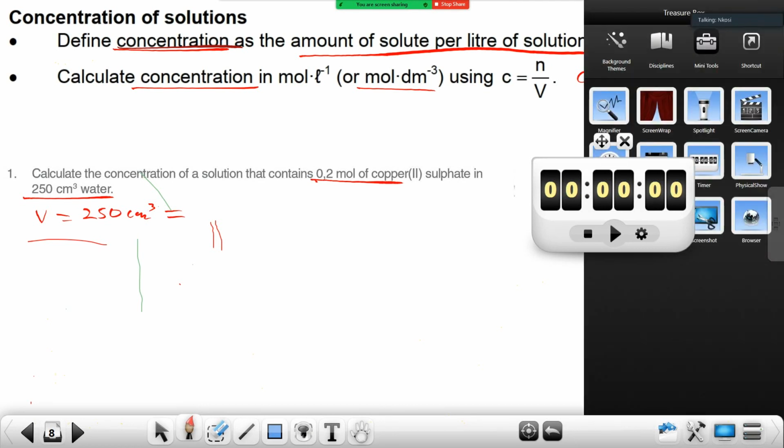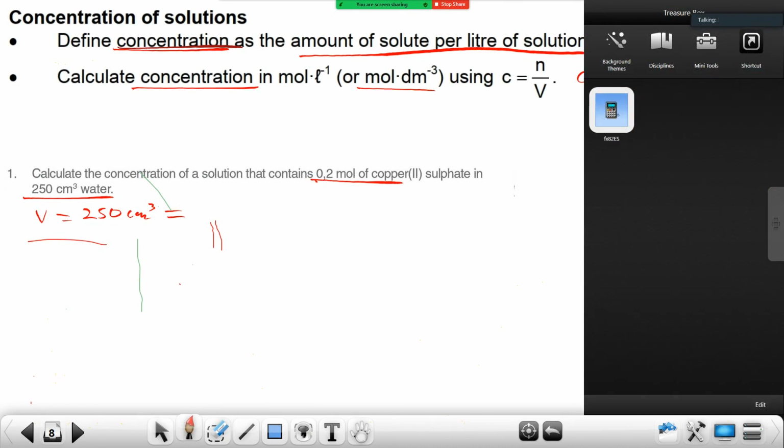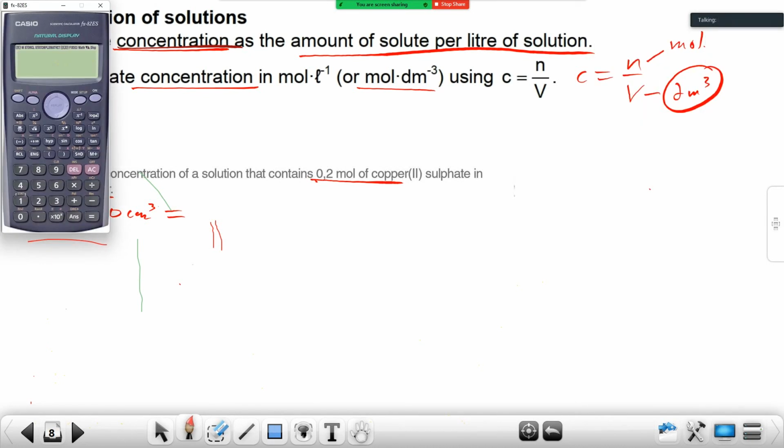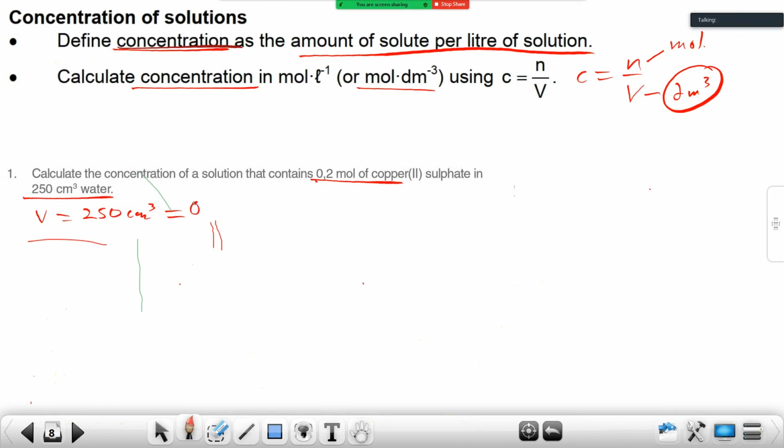So let me check here, calculator. It's 250 divided by 1,000. Then we have 0.25. So 0.25 decimeter cubed. The number of moles is given as 0.2 mole. Then the question wants us to calculate the concentration.